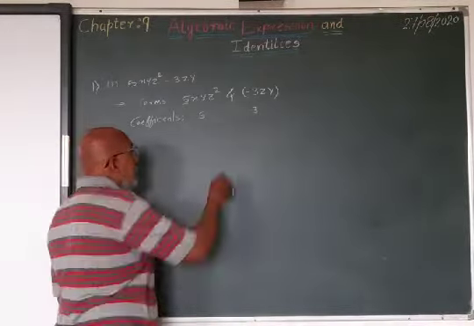The coefficient will be 1, because you cannot write 0 as coefficient, because 0 multiplied by anything is 0. So remember, here the coefficient is 1 by 2. In the second term it is again 1 by 2, and in the third term the coefficient is minus 1. Got it clear? So this way we have to see the like terms, and then we can go for the addition and subtraction.